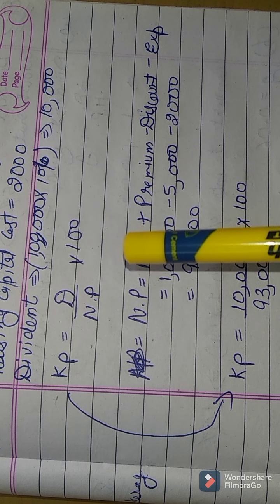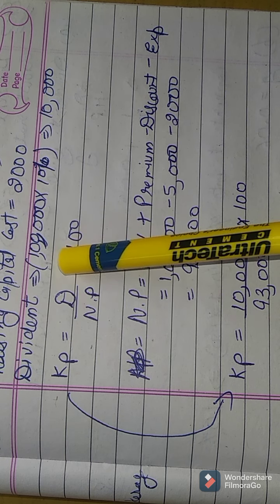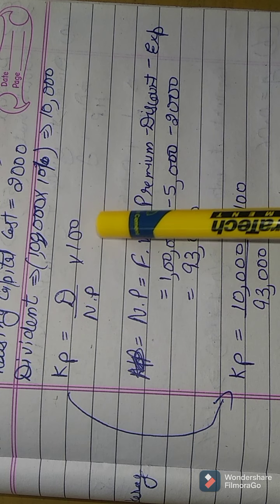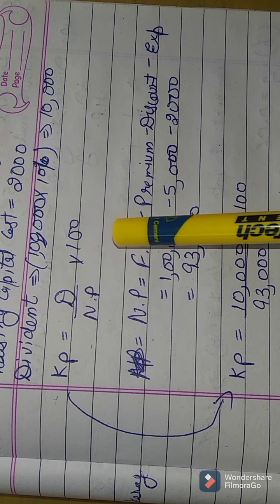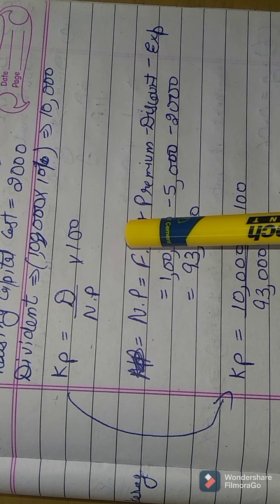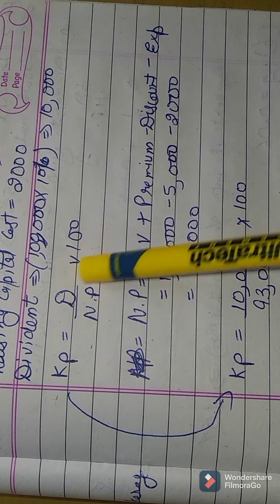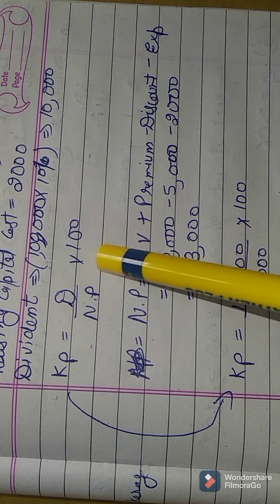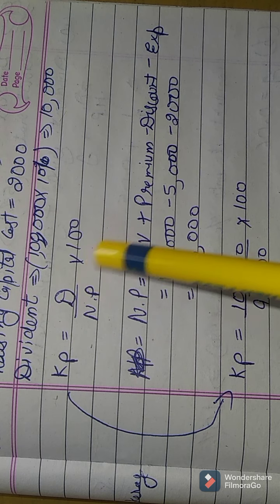So it is not necessary to calculate it separately like 1 minus T, which we already did in the previous question. We already did all the questions related to tax in the previous video. In preference share, tax calculation is not necessary.